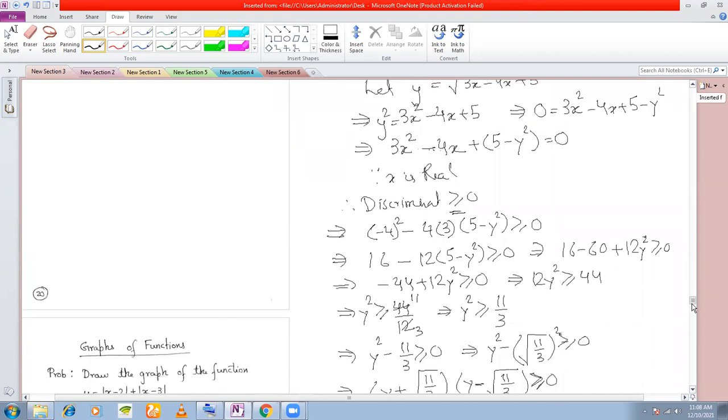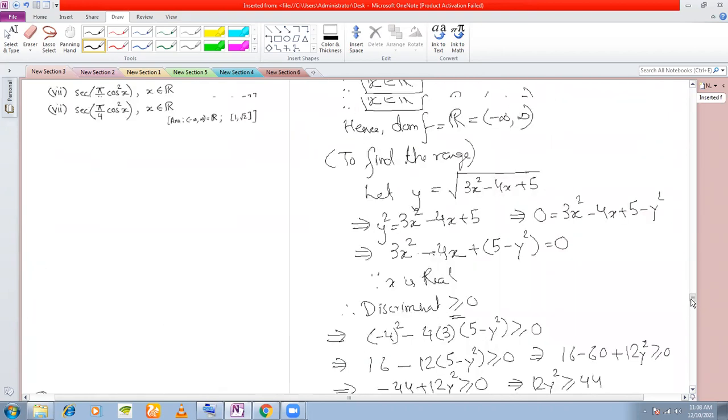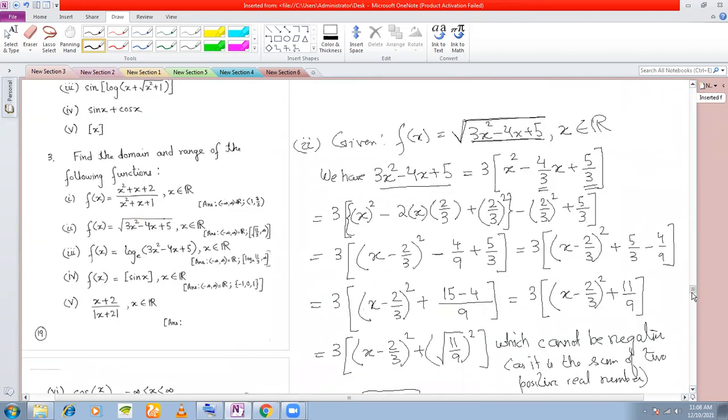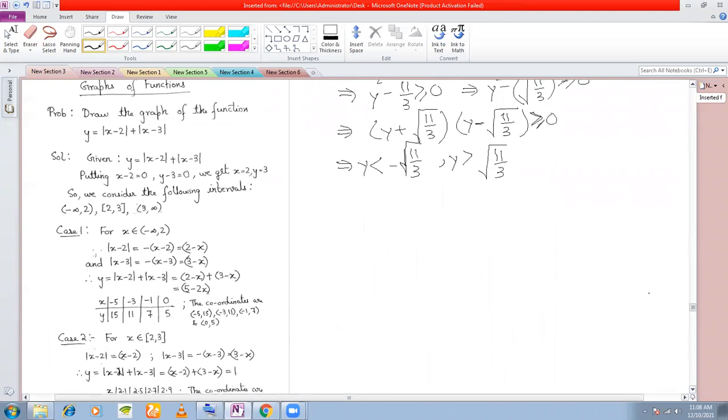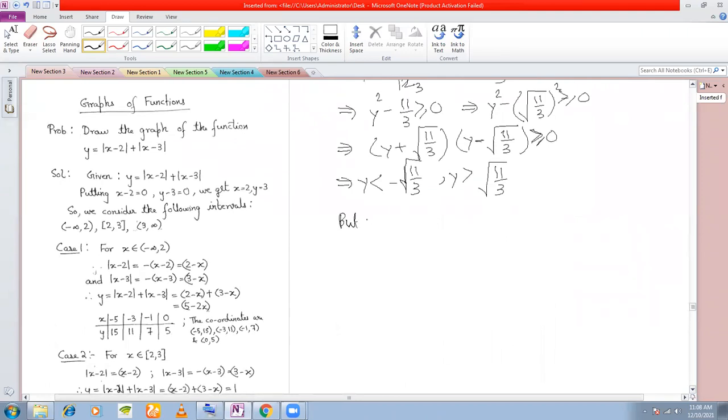Where has y gone? Because y is equal to the expression we have taken, and we have shown that this is always positive. That means the square root of this will also always be positive. That means y is greater than or equal to 0, since y is equal to the square root of 3x square minus 4x plus 5, which is always greater than or equal to 0, as shown above.